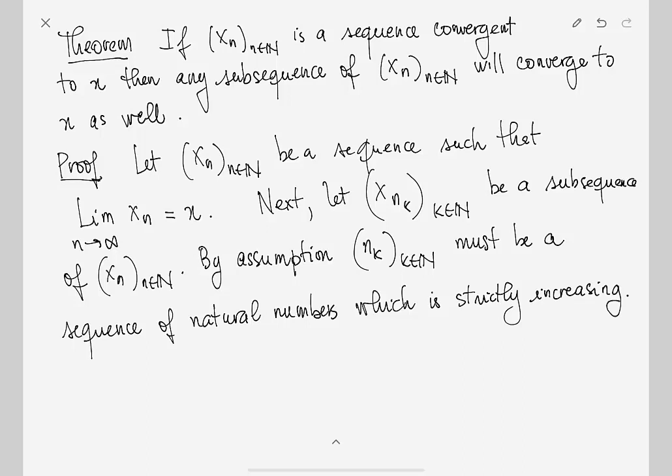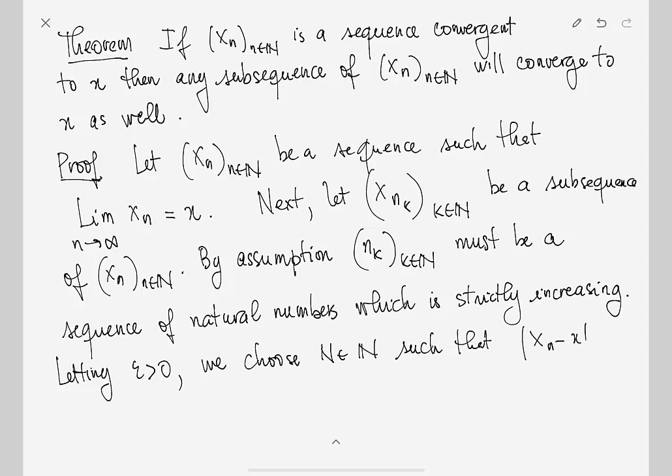Okay, so now let epsilon be a fixed positive real number. Letting epsilon be a fixed number, we choose some natural number N such that the distance between x sub n and x is less than epsilon whenever little n is bigger than N. Okay.